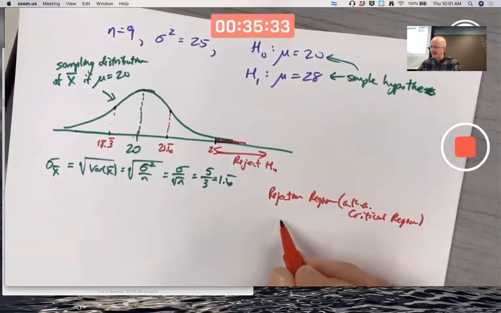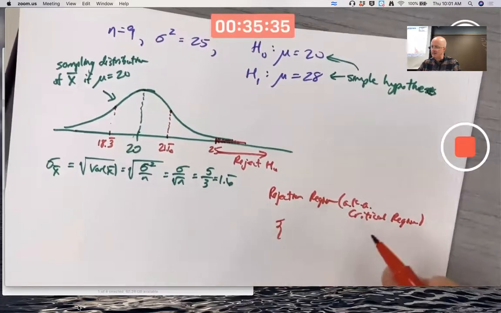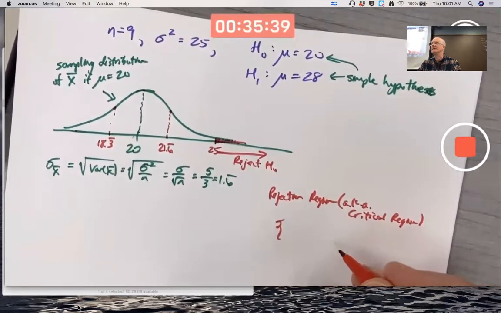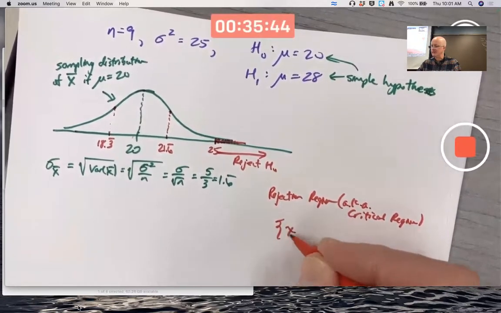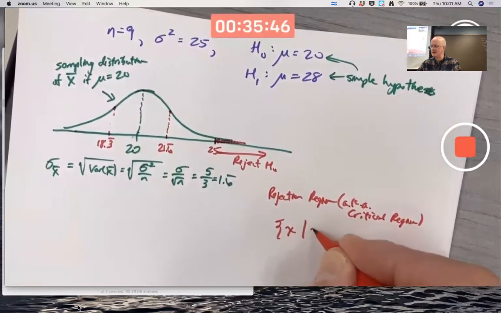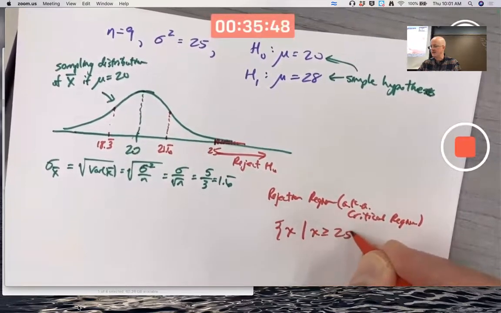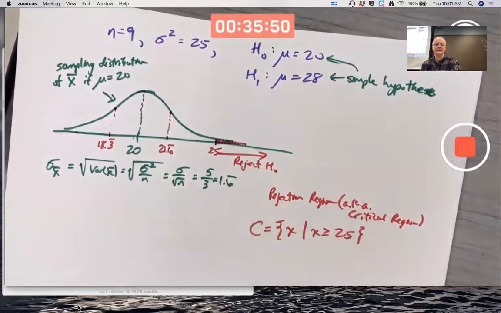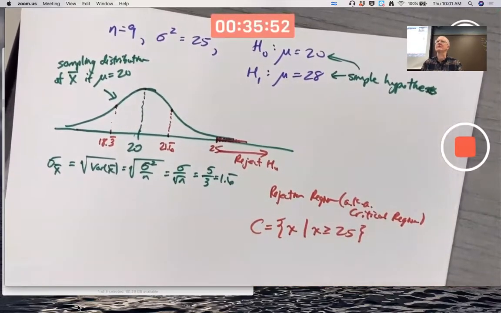Technically speaking, if you want to write it as a set, it is the set of all x such that x is greater than or equal to 25. Maybe call that C, C for critical region.